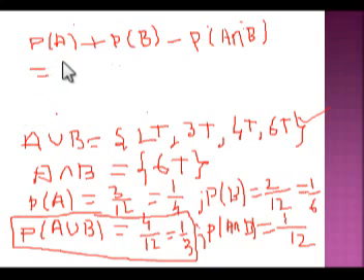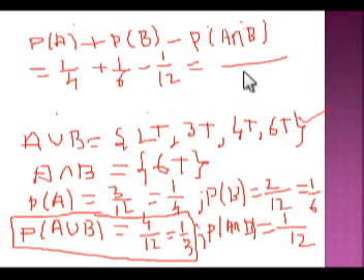So this is 1 by 4 plus 1 by 6 minus 1 by 2. The common denominator will be 12, and the numerators will be changed to 3, 2 and 6. So 3 plus 2 minus 6 over 12.